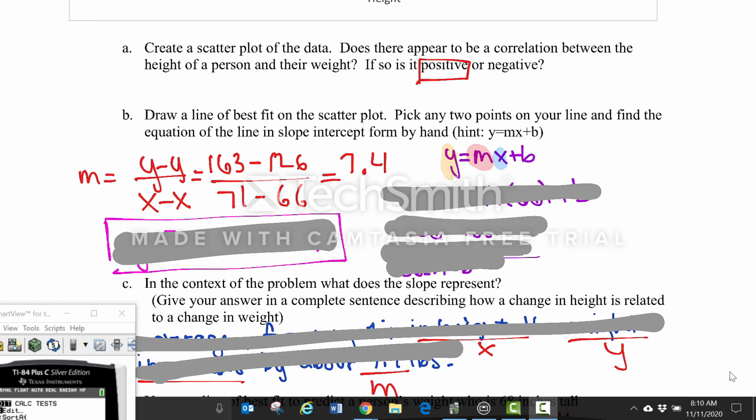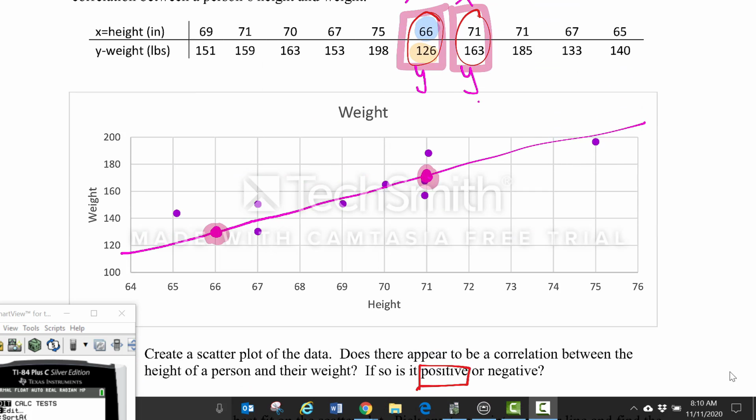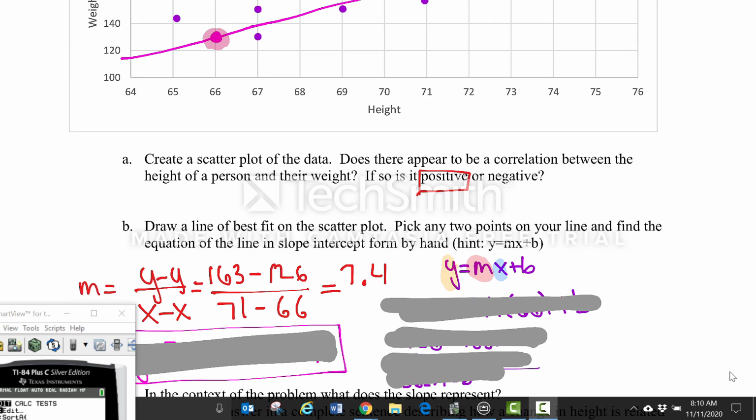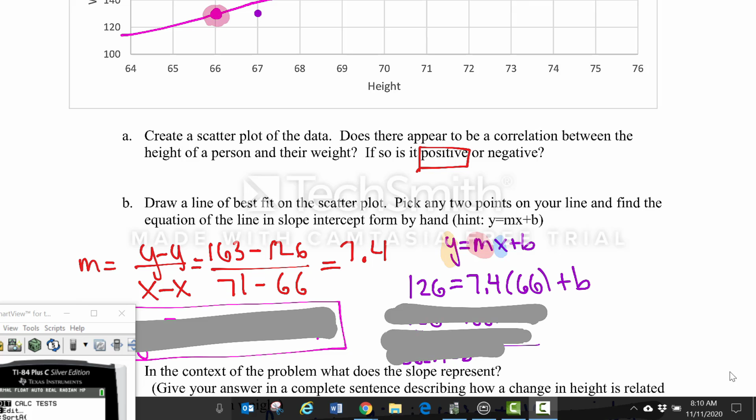Well, we know a point. Specifically, I'm going to say when x is 66 on my line, y is 126. So I'll plug that into the x and the y. And I now know my slope is 7.4. So I've plugged all those in and I can solve for b.